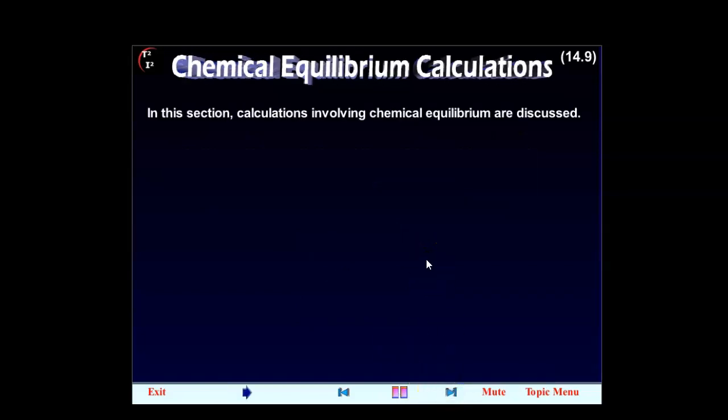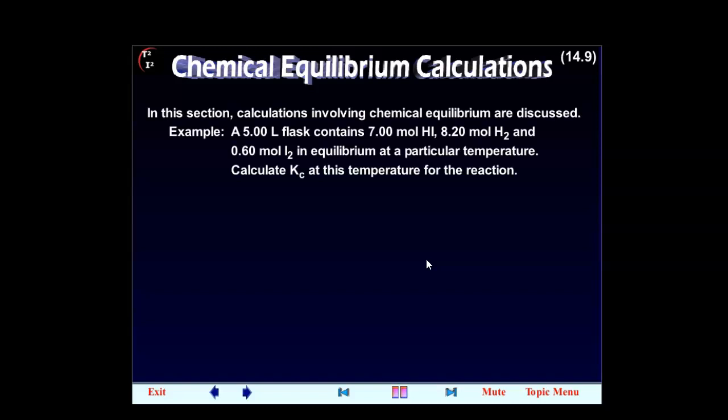In this section, calculations involving chemical equilibrium are discussed. Example: a 5.00 liter flask contains 7.00 moles HI, 8.20 moles H2, and 0.60 moles I2 in equilibrium at a particular temperature.